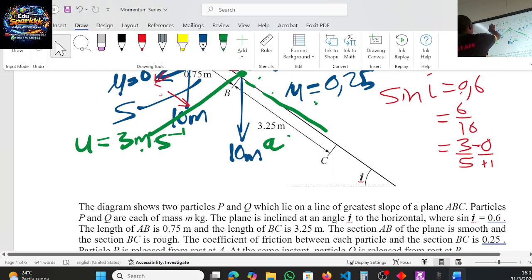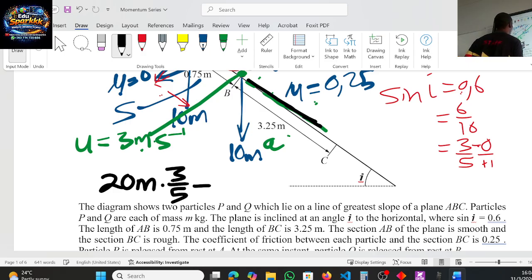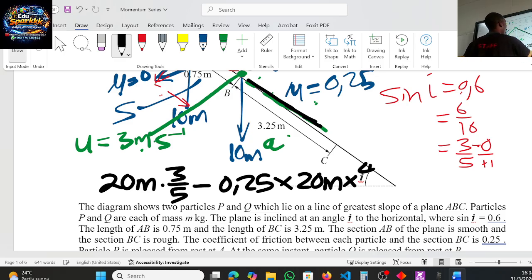So let me bring in a black color to say when they coalesce within this region, we are going to have the driving force as 20m sine I, where sine I gave us 3 over 5, minus the frictional part, which was mu R, because we are told the friction is still the same, so it's 0.25 multiplied by R. The normal force is still going to be 20m cos I, where cos was 4 over 5, equal to 2m multiplied by acceleration.